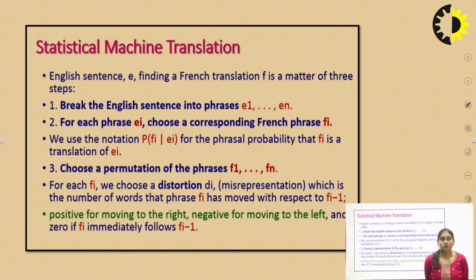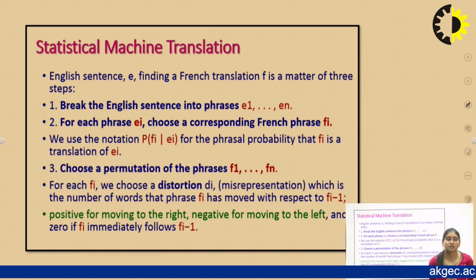Then we use the notation P(Fi | Ei). What does it mean? It's a conditional probability, the phrasal probability that Fi is a translation of Ei. You can understand from this notation that Fi is a translation of Ei. And then in the third step, you choose a permutation of the phrases, that is F1 to Fn.